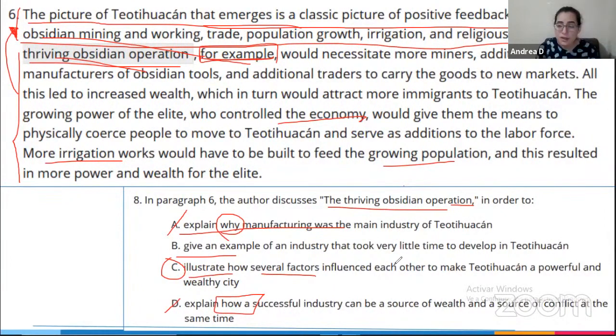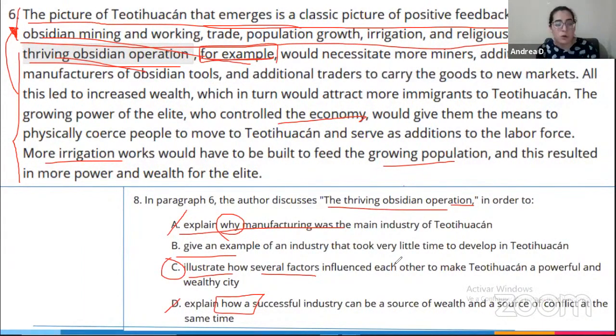So, okay, let's recap. First thing, be aware that usually you have a main claim or a main idea, and that everything that's mentioned in the paragraph is supporting that main claim. Now, another thing is that you need to try to understand how that's supporting that main claim. Is it an example? Is it an explanation?